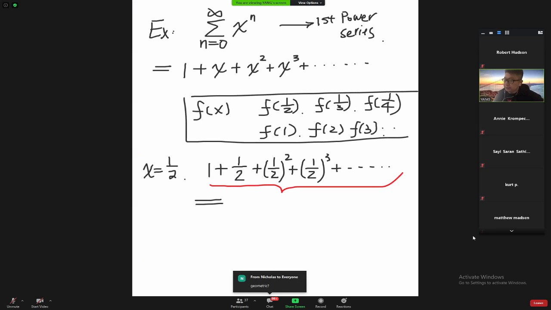Geometric series, yes. Geometric series. And does it converge or diverge? Converge, why? Yeah, the ratio equals 1/2, yes. So this one, that's the famous geometric series.